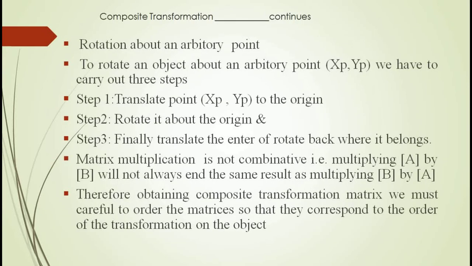In composite transformation, for rotation about an arbitrary point, to rotate an object about an arbitrary point (xp, yp), we have to carry out three steps. Step 1: translate point (xp, yp) to the origin.